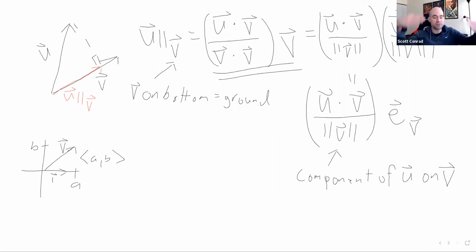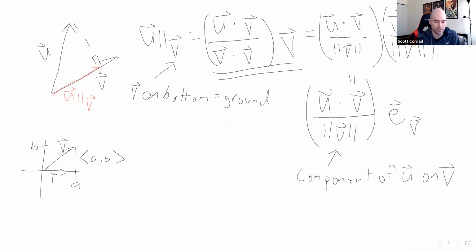A is the projection of V onto I. If you do the shadow, you get a vector of magnitude the absolute value of A pointing in the direction of I, or in the opposite direction if A is negative.